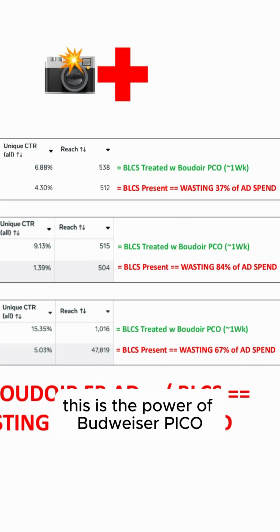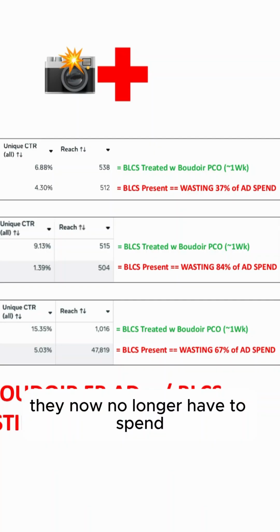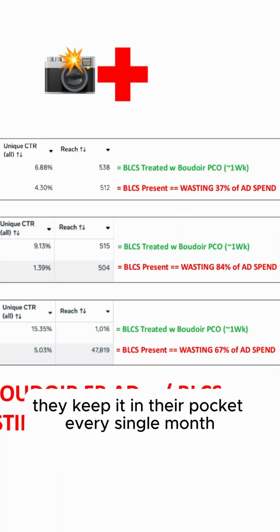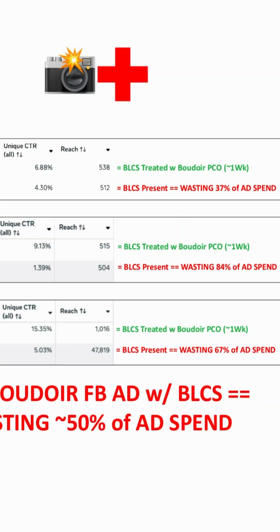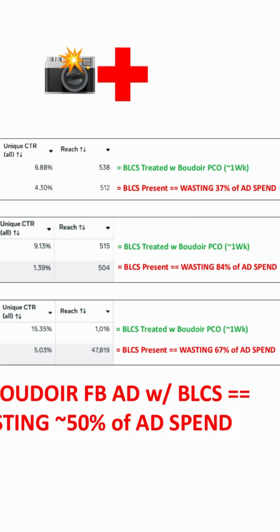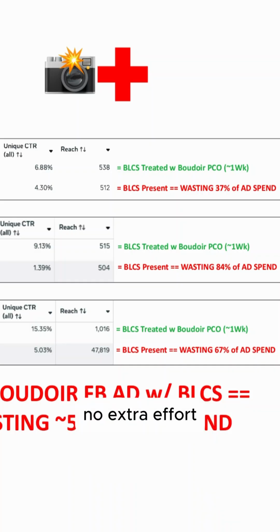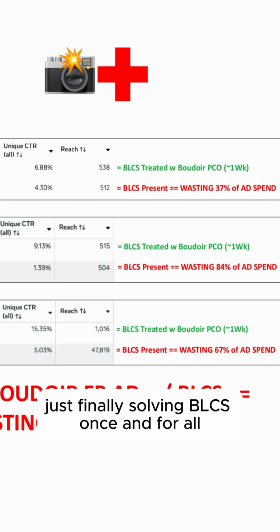This is the power of Boudoir Pico. So that difference, $3,700 a month, they now no longer have to spend. They can pocket it. They keep it in their pocket every single month, and over the next 12 months, that's literally like 40K in bonus money. It's kind of like a phantom bonus, Boudoir Pico bonus, whatever. No extra effort, no servicing extra clients, just finally solving BLCS once and for all.